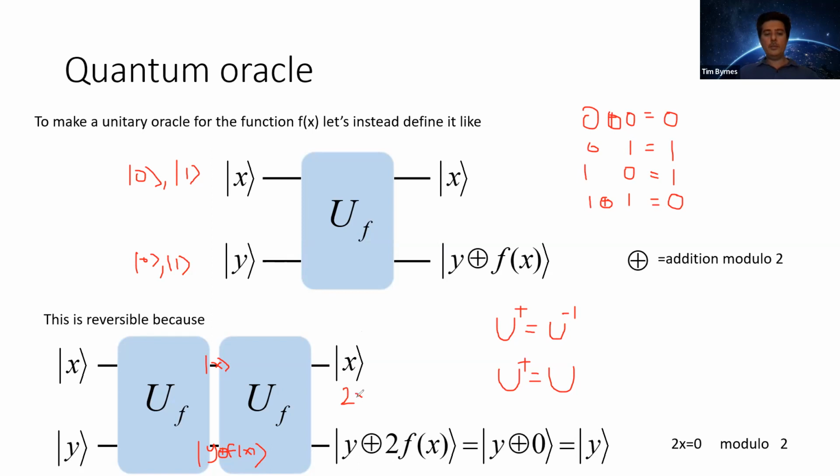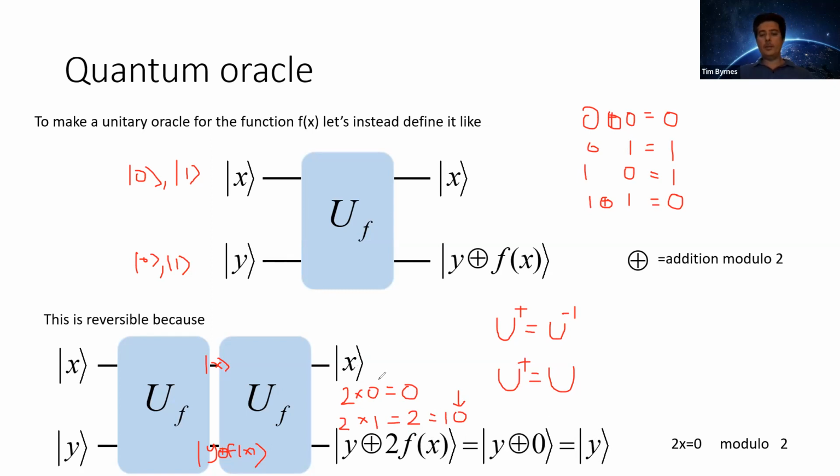So 2 times 0 is equal to 0, and 2 times 1 is equal to 2, but modulo 2 is equal to 0. Well, 2 is 1 0 in binary, but we're only looking at the lowest digit here, right? So actually 2 times anything is 0, and then y plus 0 is just y, right?